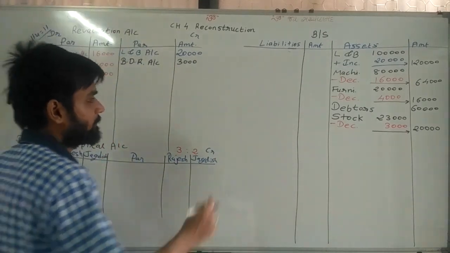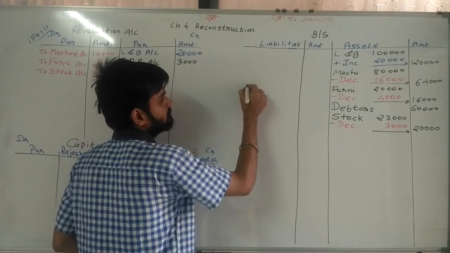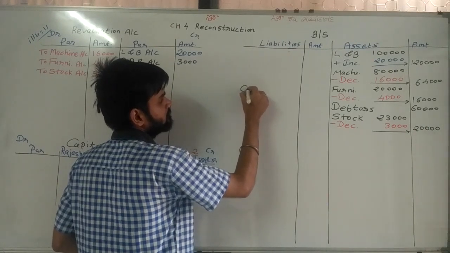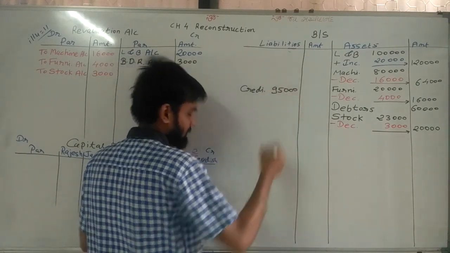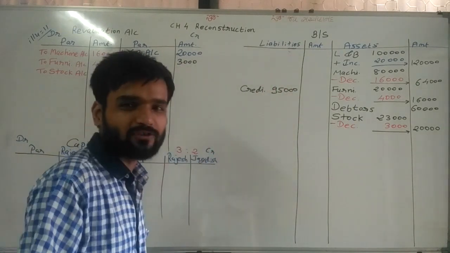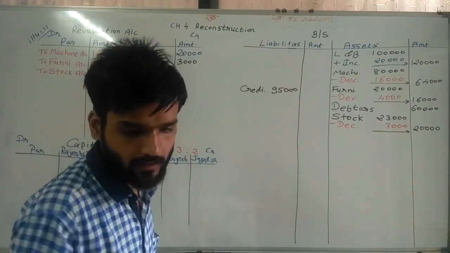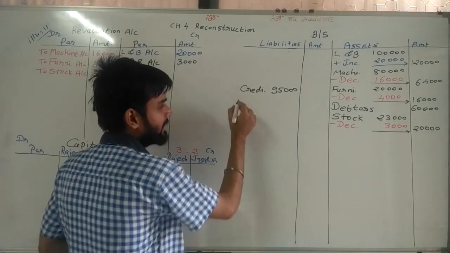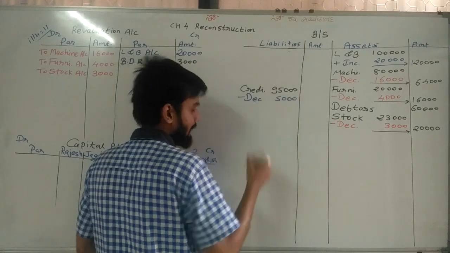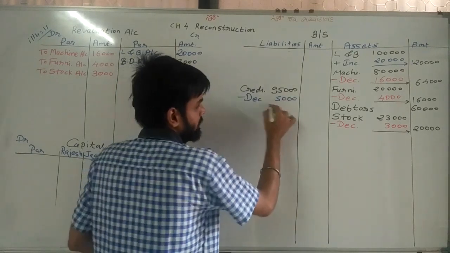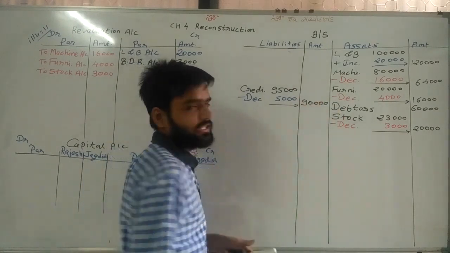So first of all we are writing here creditors 95,000 rupees. Now from this 95,000 we don't need to pay 5,000, that is given in adjustment number 5. So minus decrease in creditors, 5,000 we don't need to pay, minus, and we get 90,000 rupees.